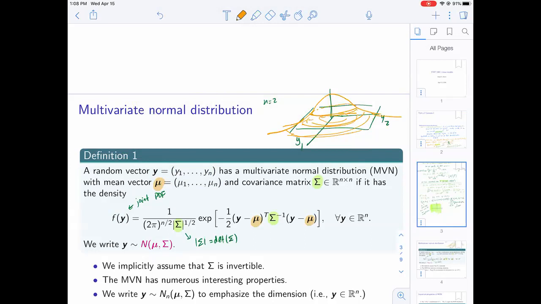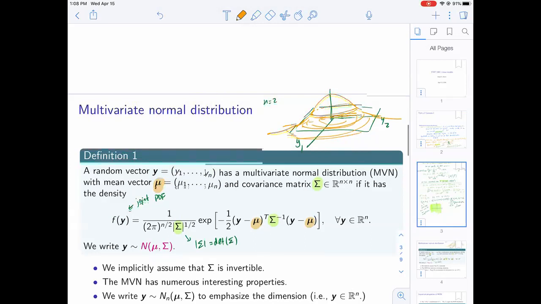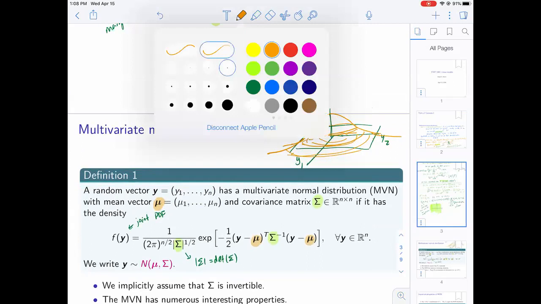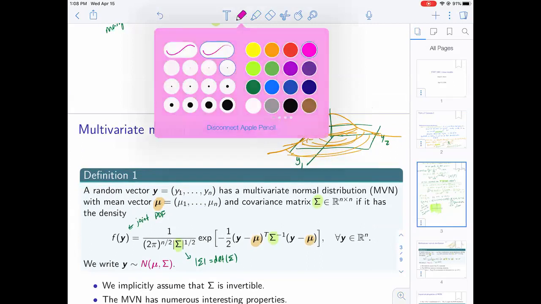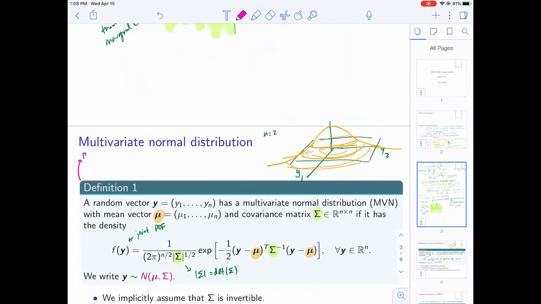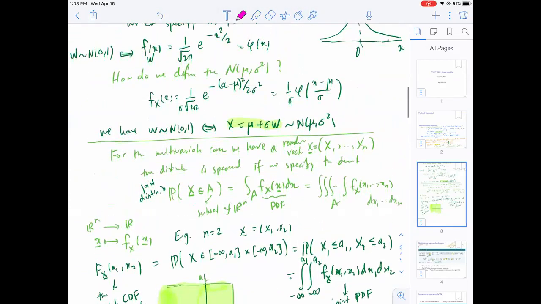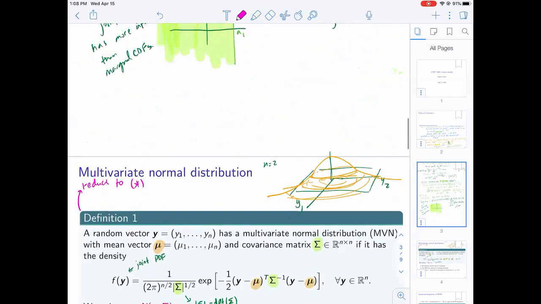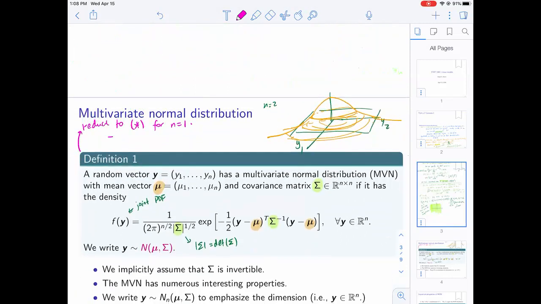One thing to notice is that this reduces to the star, which is this guy, for n equal to 1. If you take n equal to 1, then sigma, the covariance matrix, is just the variance of Y, which is sigma squared. So sigma inverse is just 1 over sigma squared.